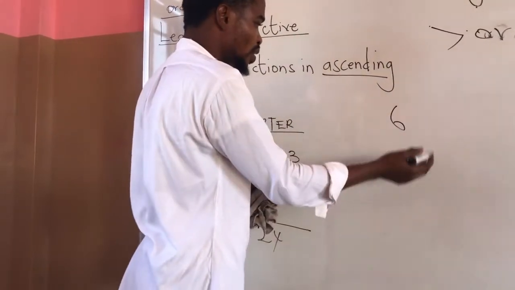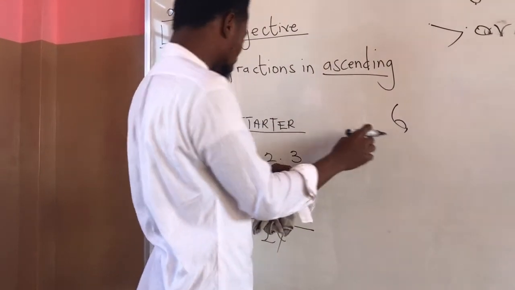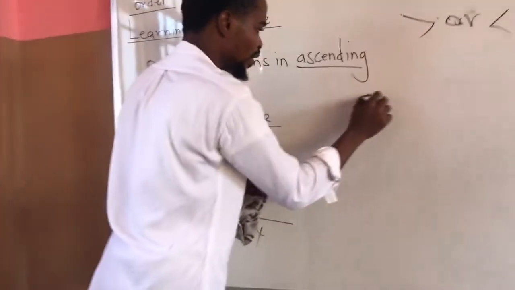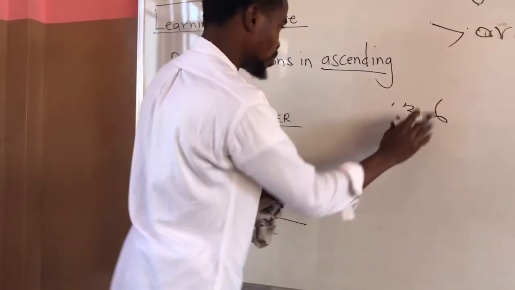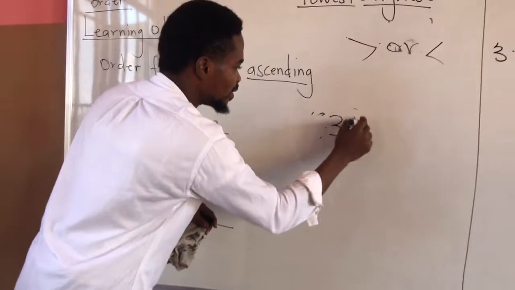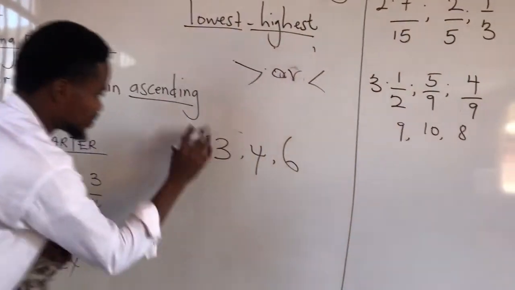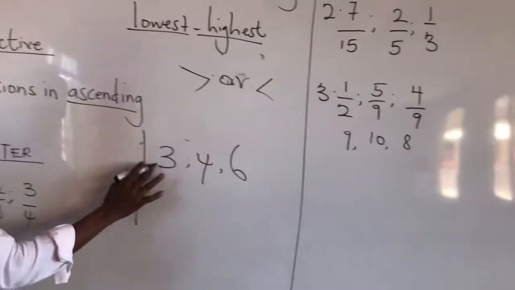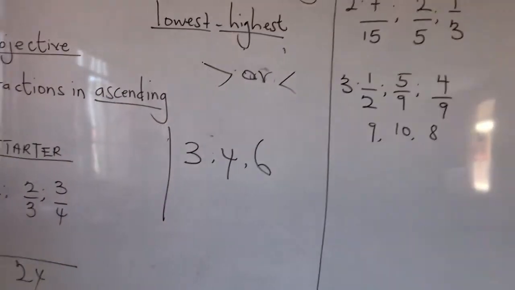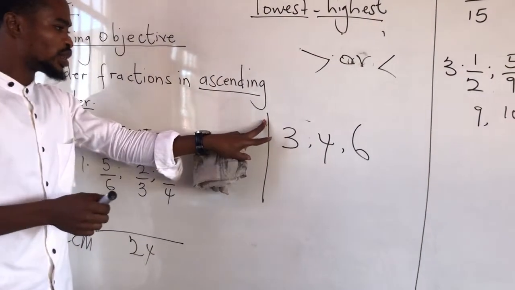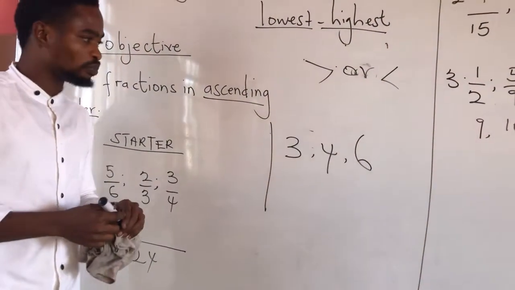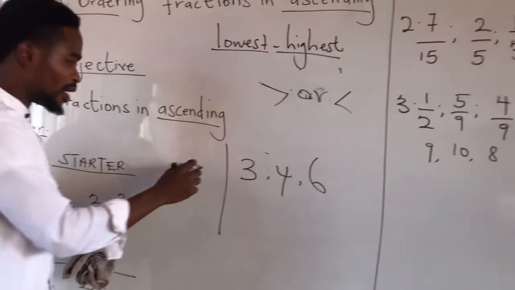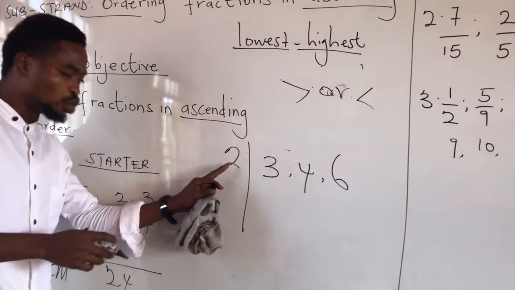I came at this method, which is 6, 3, 4, and 6. Then I look for the least number, which will be an even number, which is 2.